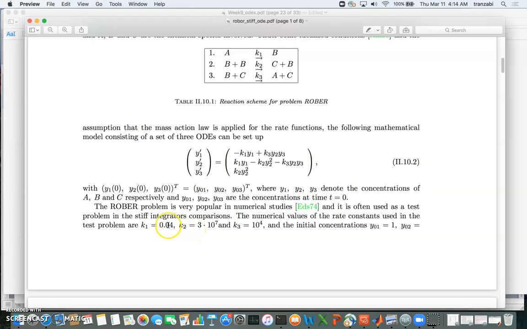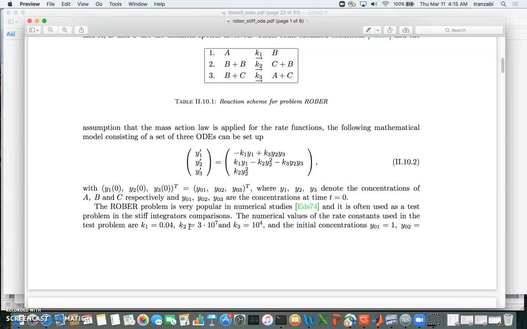If the reaction rate is small, then our delta t can be large, because the concentration doesn't change much, so we can march in time much faster than the case where K1 is large. On the other hand, when K2 is large, then delta t cannot be big, because if it's big, we cannot resolve the concentration of the species over time.